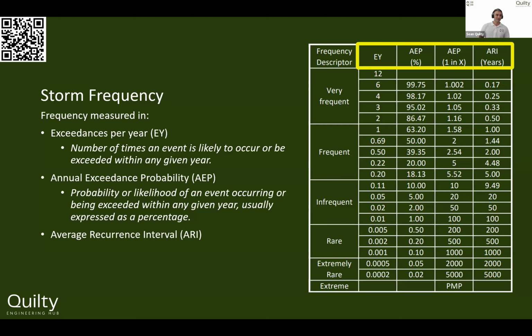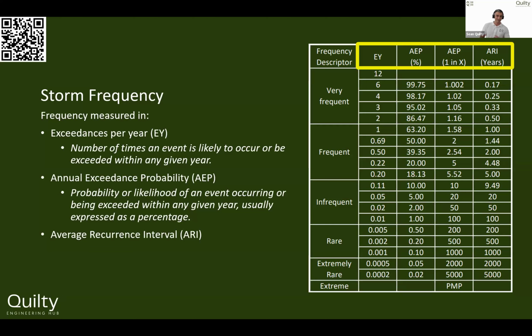The reason being, the ARI terminology gave us a bit of a false sense of security, I suppose, because a lot of people not from an engineering background would hear a 1 in 100 year storm. And if we had that 1 in 100 year storm this year, then people would think that they're okay for another 99 years before that storm hits again.